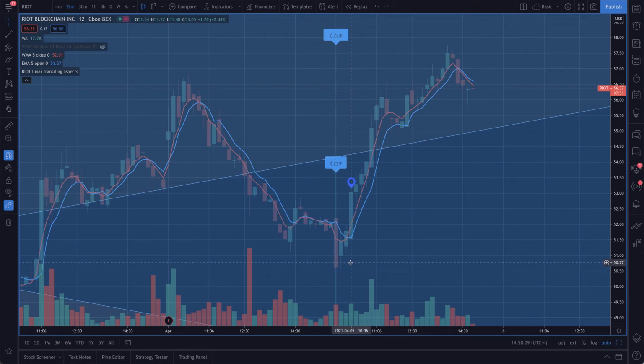One of the things that I use to complement the Time Trades indicators and timing indicators is when that closing price weighted moving average crosses over the exponential moving average in blue. So we got a nice crossover this morning. I was able to get in on this bar in about the 53 range, which is great.